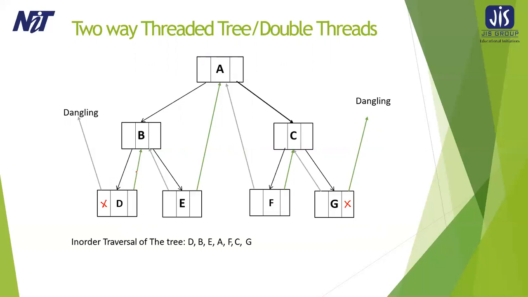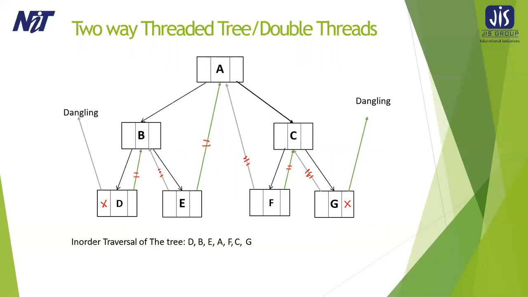So these green symbols are the threads, this one, this one, this is the right thread, and this one is the left thread. These 3 lines are the left threads and 2 lines are the right threads.